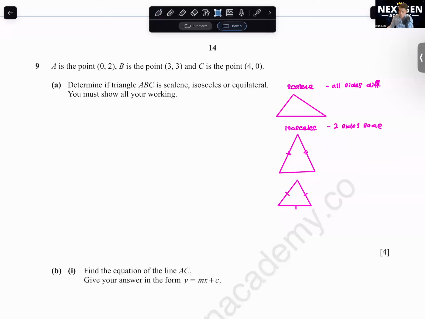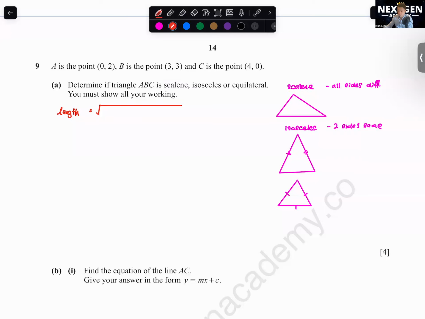So how do I know whether they are scalene, isosceles, or equilateral? The method that we're going to use is you need to calculate the length of each side. What is length formula? Okay, we need to calculate length of each side. Length formula is square root.